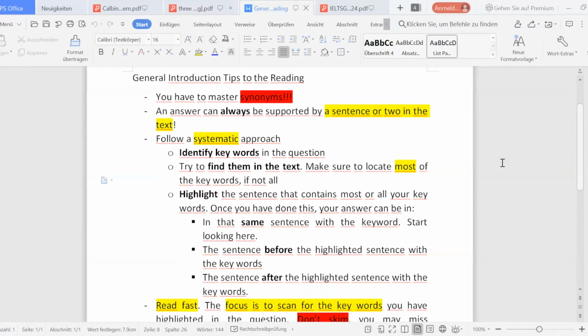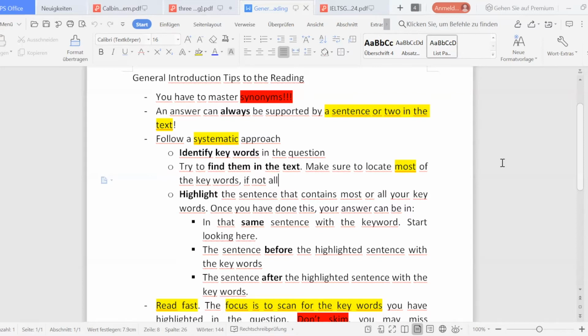But the good news is more often it is about synonyms, so you do not need to worry. So try and master synonyms. If you learn new vocabulary, do not just learn the meaning, learn one or two different synonyms for it.